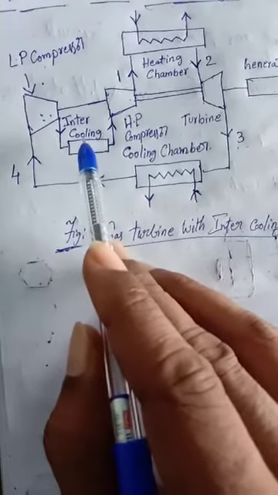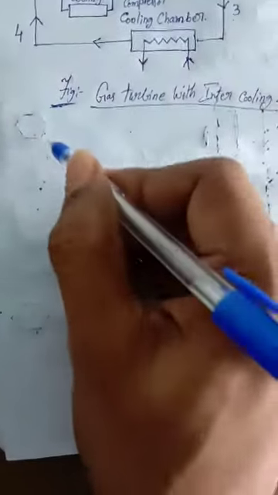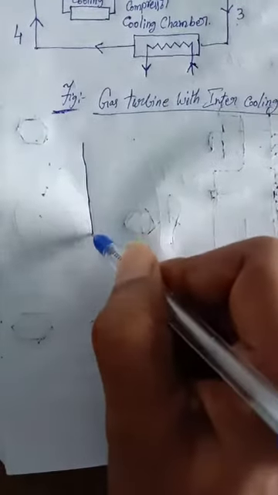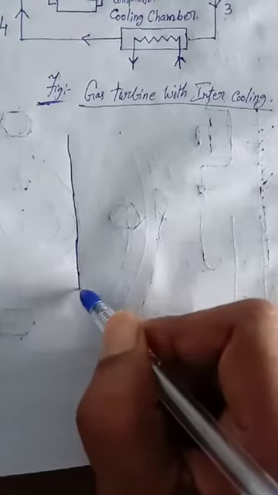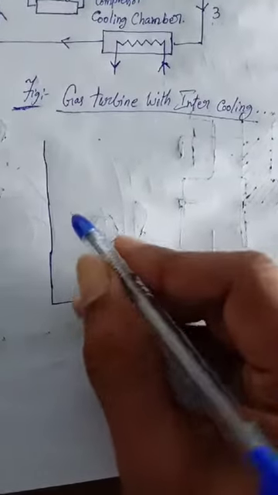Okay, so now you are going to see here the TS diagram, temperature and entropy diagram. And see here, first we are going to take the first one.